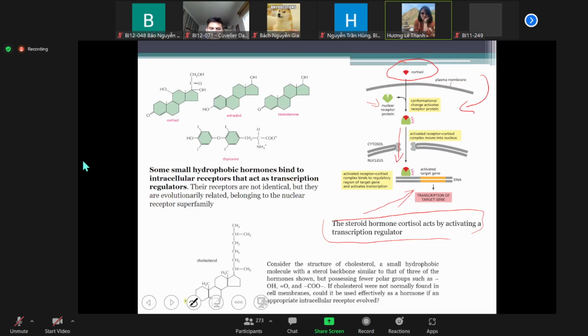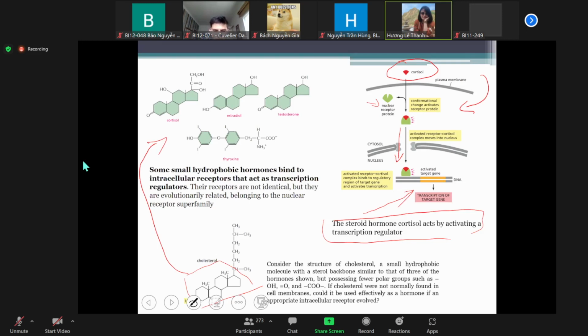cholesterol? The cholesterol has the same structure as other steroid hormones. So what if the steroid is not normally found in the cell membranes? Could it be used effectively as a hormone? Could it be?